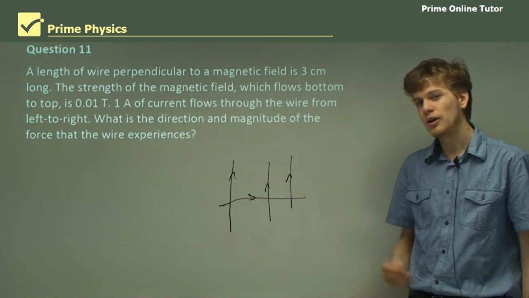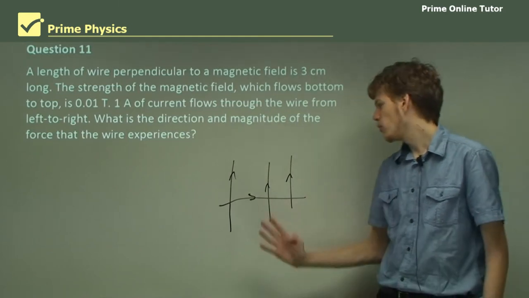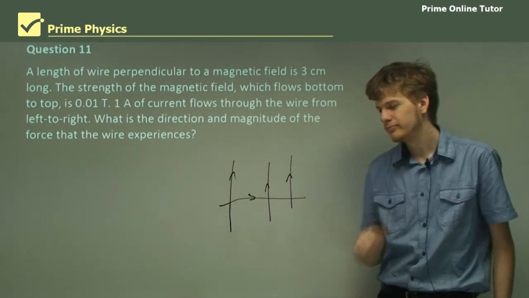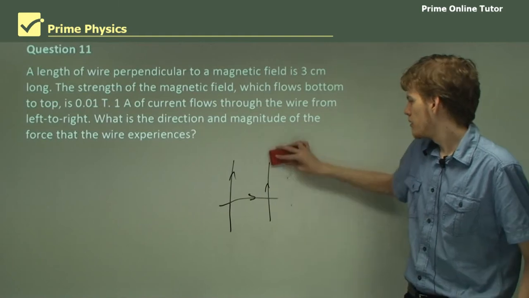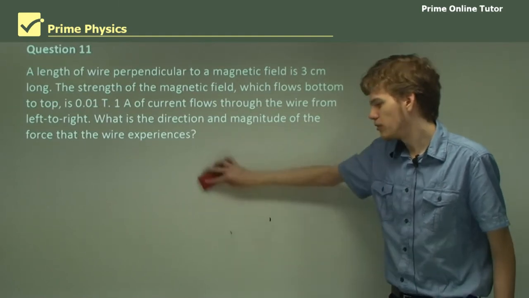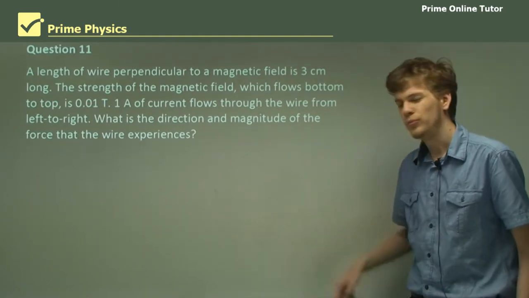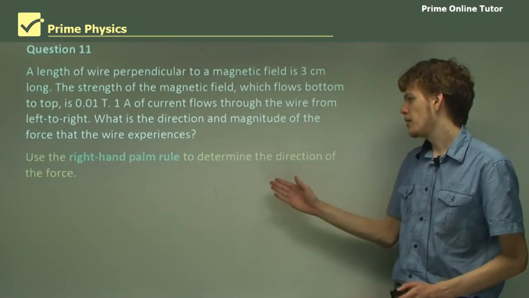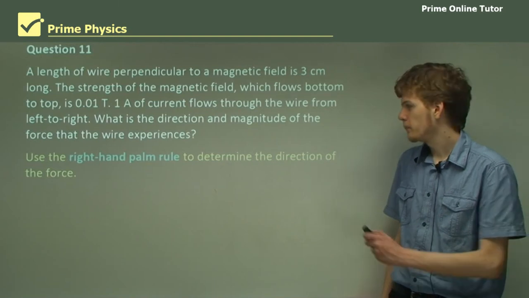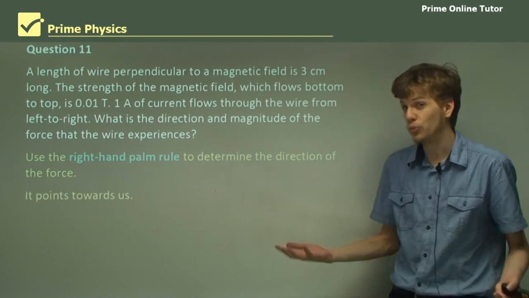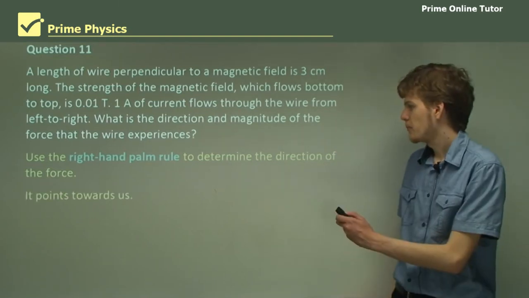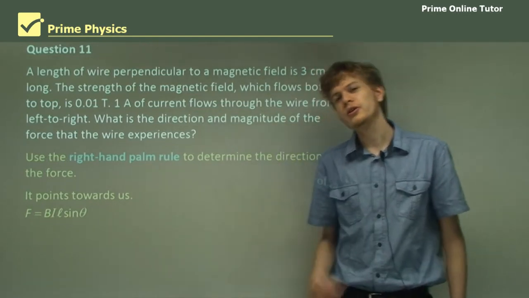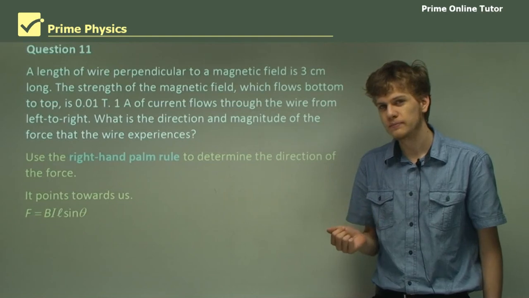So the direction is found by the right-hand palm rule. Bottom to top, left to right, force is towards you. Right? But how do we find the magnitude of the force? Well, we use our equation for it. So after we've used the right-hand palm rule to determine the direction of the force, which points towards us, of course, we can use F equals BIL sine theta to figure out the magnitude of this force.